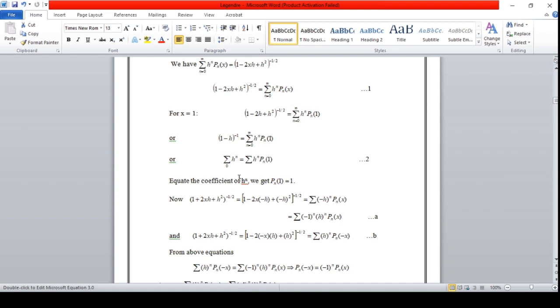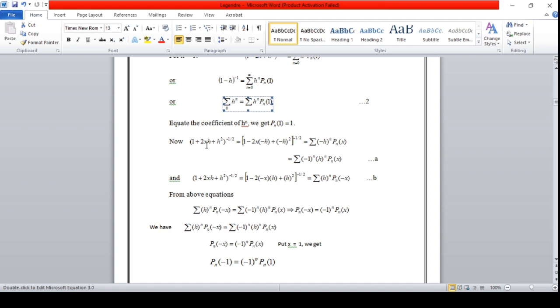This is equation number 2. Equate the coefficient of h raised to the power n on both sides. Therefore on the left hand side the coefficient of h raised to the power n is 1, and on the right Pn(1). Therefore Pn(1) is equal to 1.